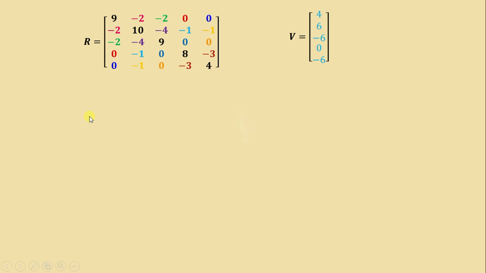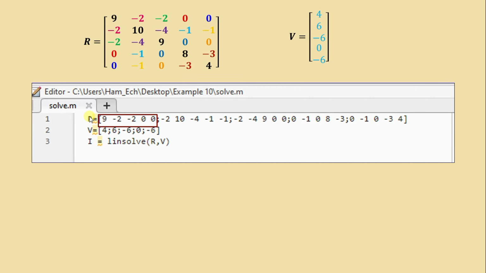Let's start first with the resistance matrix R. This is row number 1, row number 2, row number 3, row number 4, and row number 5. We can see here that the rows are separated by a semicolon.